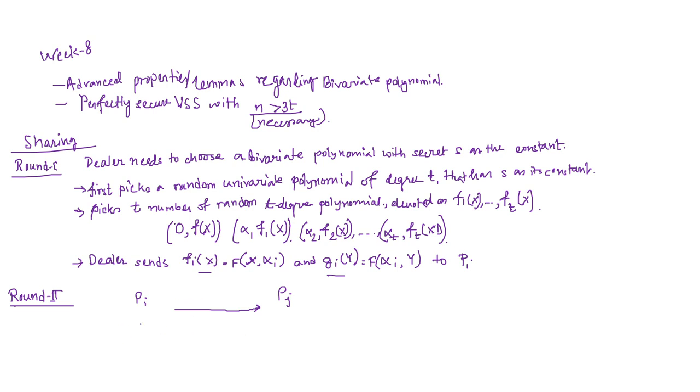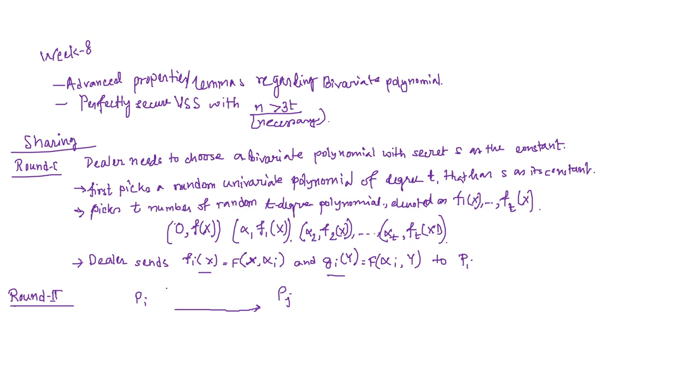Now they want to verify whether they got consistent univariate polynomials, whether the univariate polynomials received from the dealer correspond to a unique bivariate polynomial. So if the dealer is honest, that will be true, but even if dealer is corrupt, how many parties are consistent with each other's univariate polynomial, that we will gradually check.